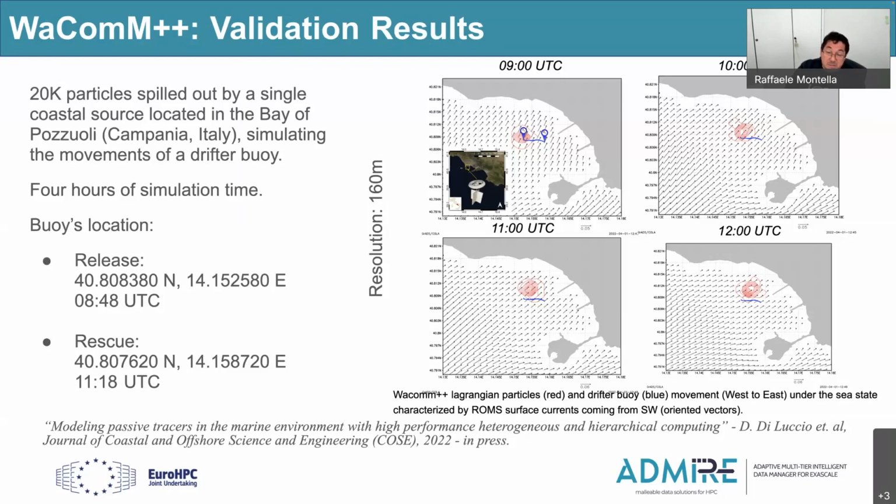The details about this research and this test are described in the paper Modeling Passive Tracers in the Marine Environment with a high performance heterogeneous and hierarchical computing. This is in press, so we are waiting for the final release.